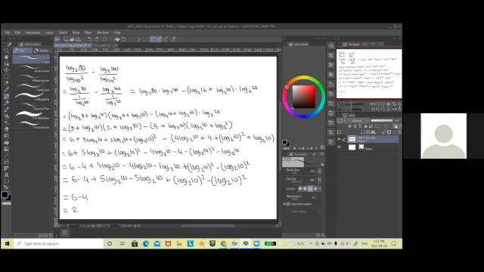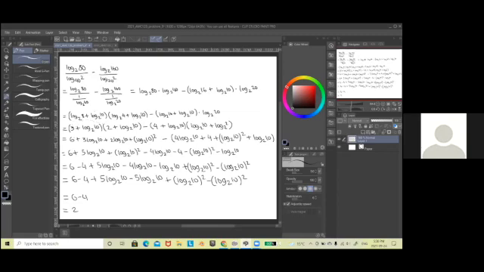And here we can now split log 220 into log 210 plus log 2. So if we expand this, then we get this entire thing. And when we expand, 3 times 2 is 6.